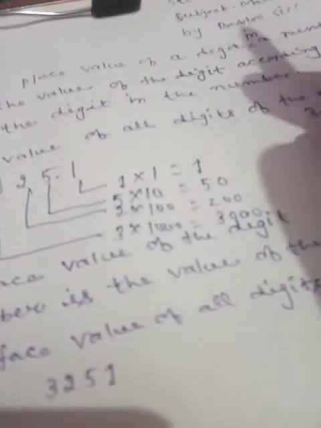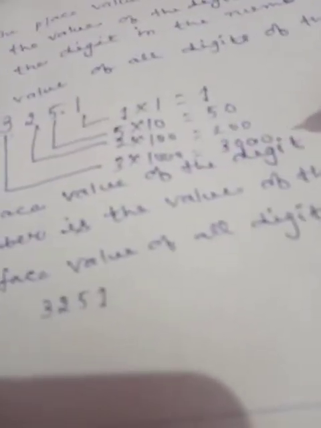In this way we come to know the place value of the digits of this number: 1, 50, 200, and 3000.